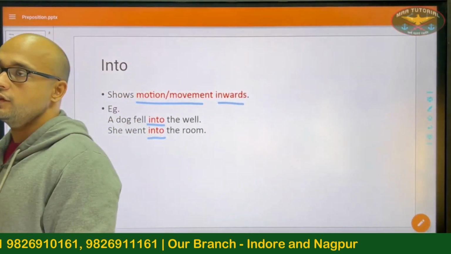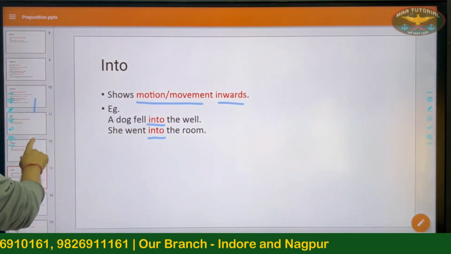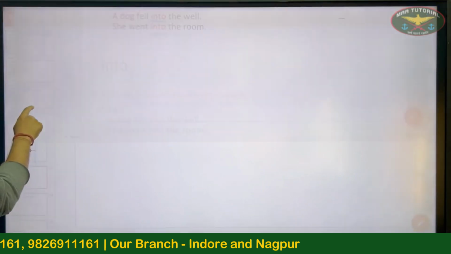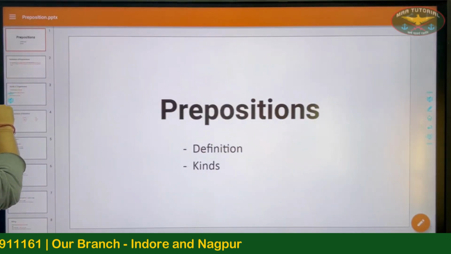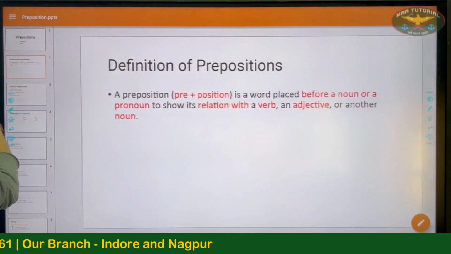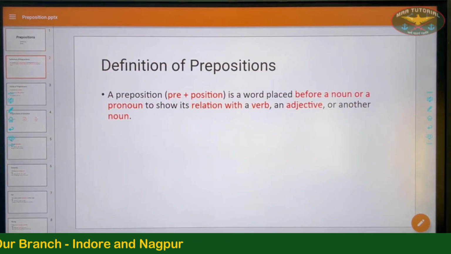Let's do a quick revision of the prepositions of direction till now. We saw that we are doing definition and kinds of prepositions today. In the definition, we saw preposition is a word that is placed before a noun or a pronoun and tells the relationship of that noun or pronoun with another verb, adjective or noun.